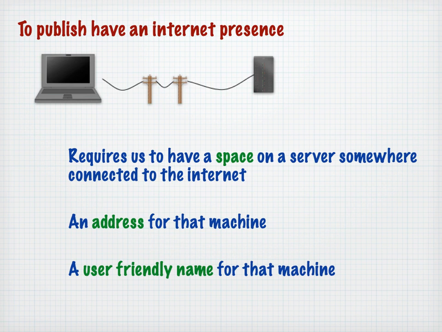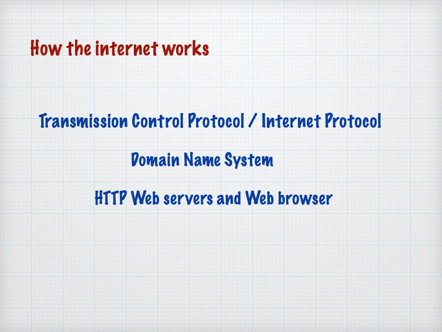And it's not just a matter of having space, it's also a matter of having a way for us to actually contact that machine, having an address for that machine. And that, of course, does entail having addresses that we can understand. Those three things together make that work. TCP/IP, the DNS system, and HTTP all work together to enable the World Wide Web to run over the internet.